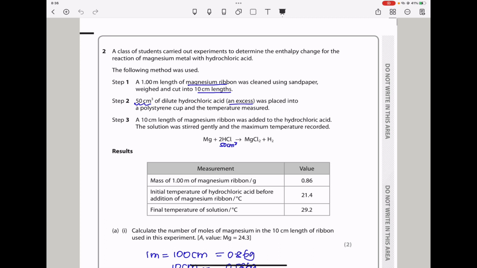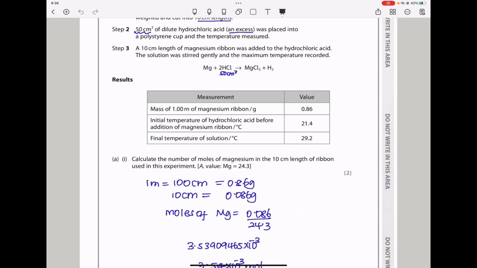So from the table of results, we can see that the mass of the 1 meter of magnesium ribbon is 0.86. The initial temperature was 21.4 and the final temperature was 29.2. So we can see this was an exothermic reaction because temperature increased, and the delta T should be 29.2 minus 21.4. So I said, calculate the number of moles of magnesium in the 10 centimeter length of ribbon used in this experiment.